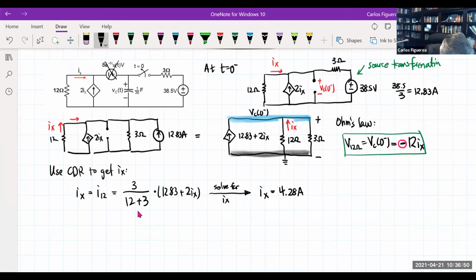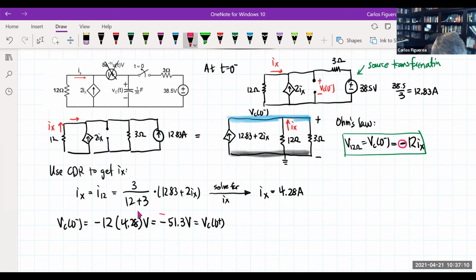So then VC of 0 minus is going to be minus 12 times 4.28 volts. And the value that I get here is going to be minus 51.3 volts, which is the same as V plus. We care about V plus, not about 0 minus, but 0 plus.